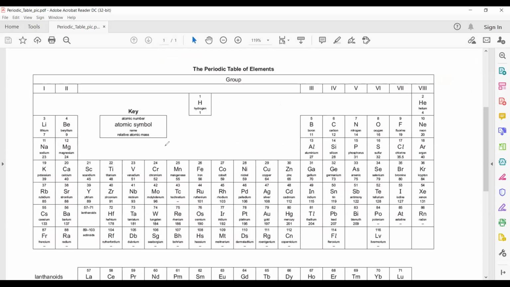So nickel carbonate, NiCO3. Nickel is 59. Then carbon is 12.